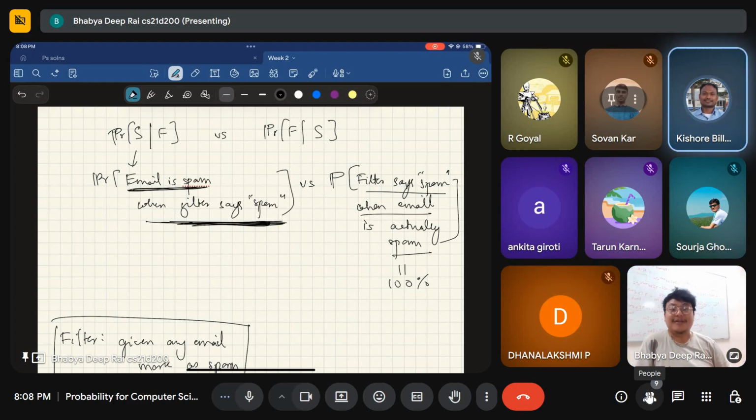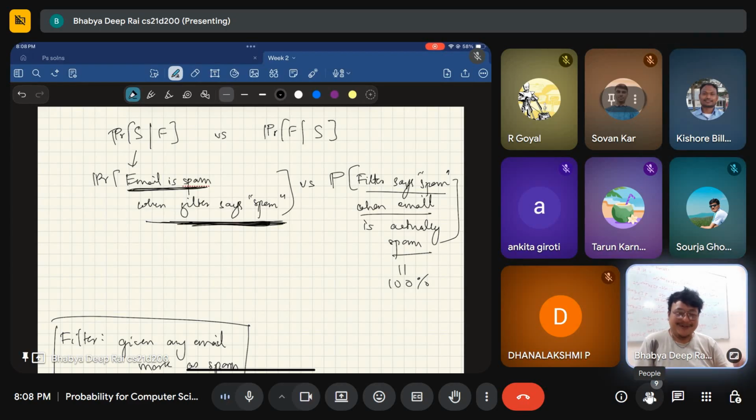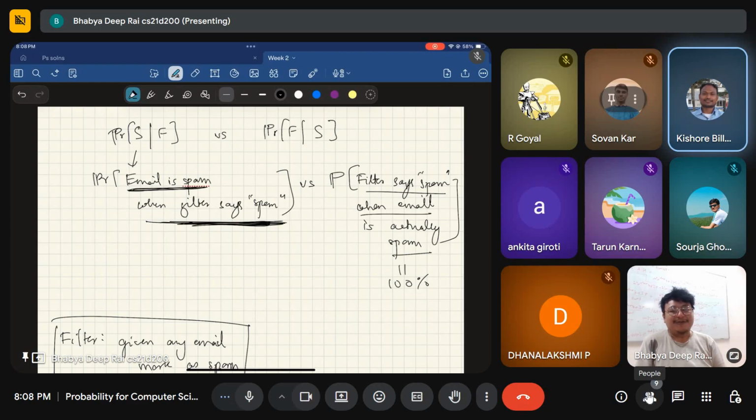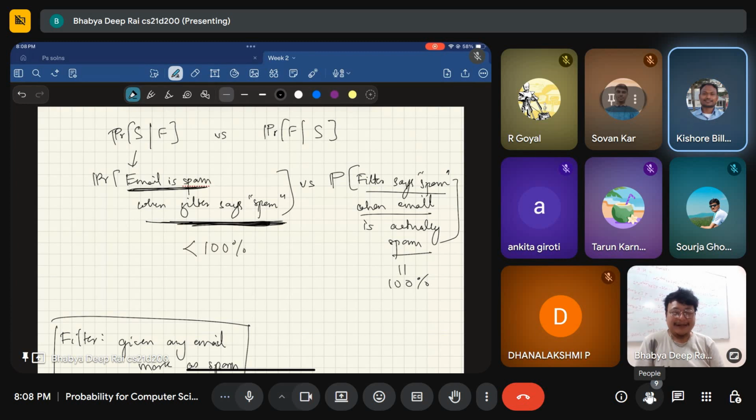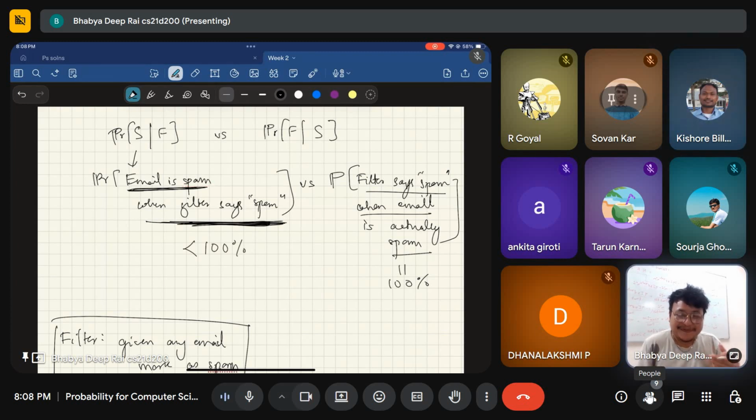It cannot be, because this filter is going to mark every email as spam, and it may so happen that it said spam to an email which is not spam because of the way it's designed. So it's definitely less than 100%.